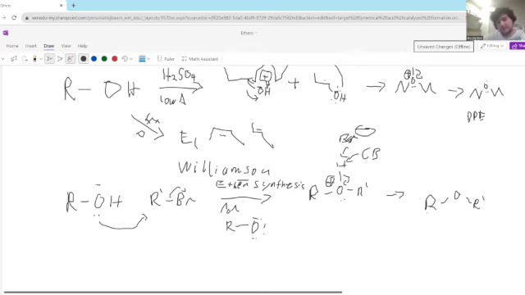This gets you an unsymmetrical ether, so this would be something like ethoxycyclohexane.